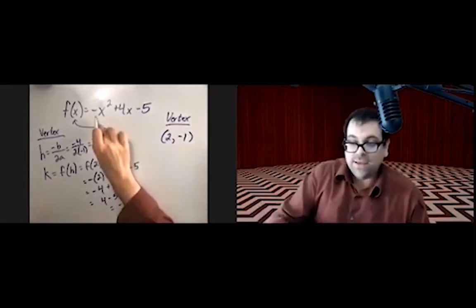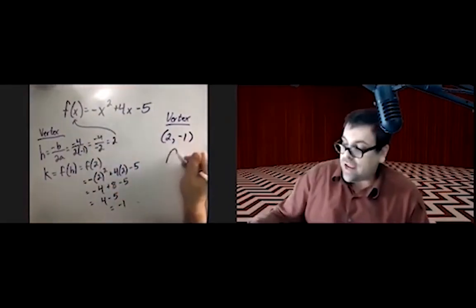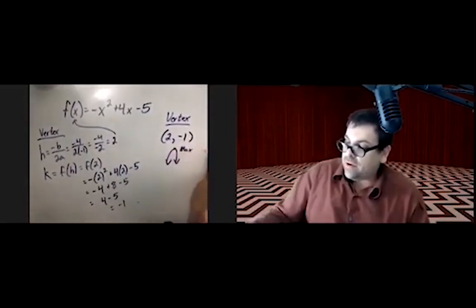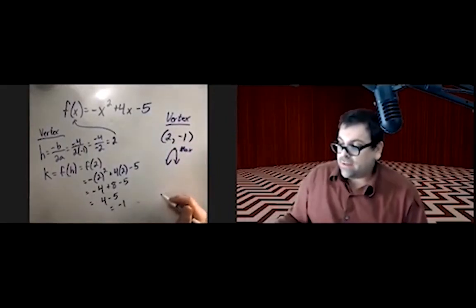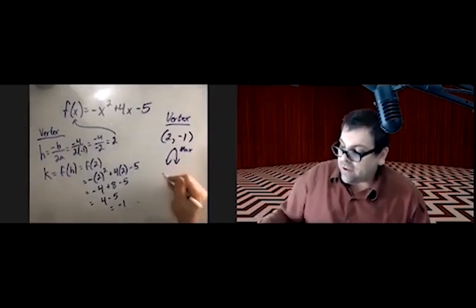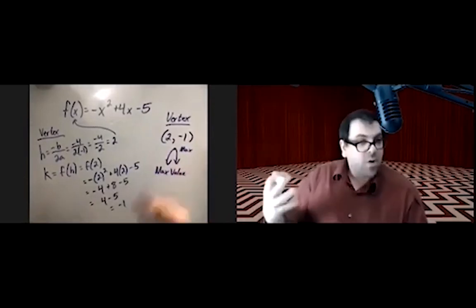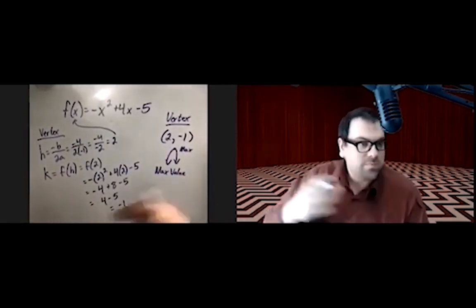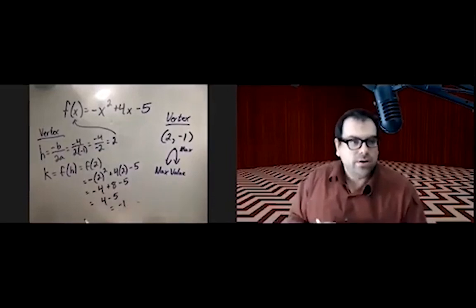Is this going to open up or open down? Well, a is negative, so it's going to open down. That means we're going to have a max. And in fact, that max value is what? I'm going out of order with the questions, but we should be able to handle them in any order.